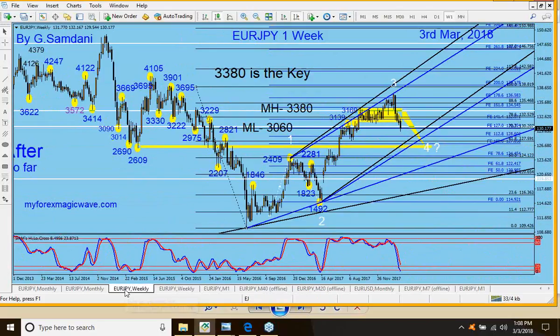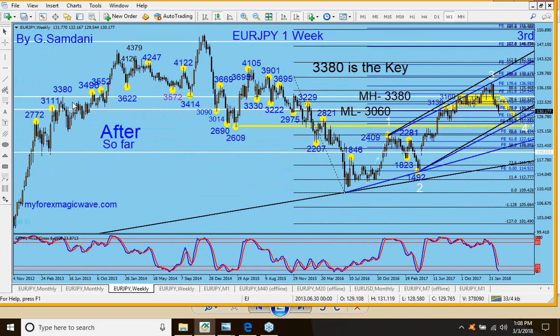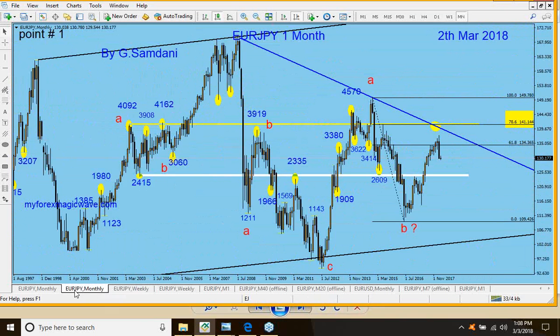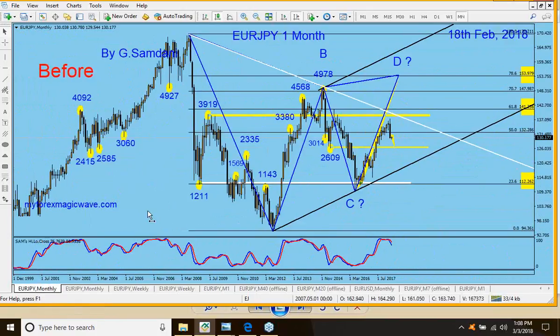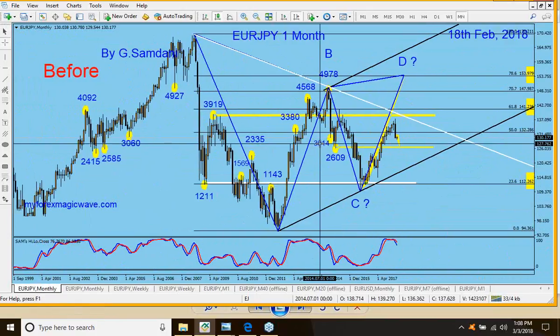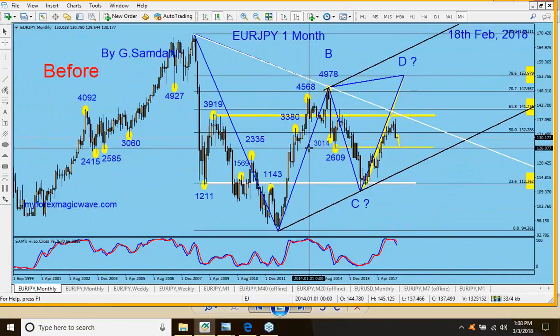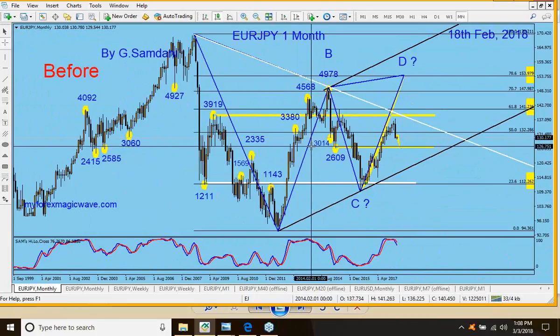Where did we get that number? 137.05. Do we have any number here on a weekly chart? No, maybe on a monthly chart. 137.05. Even I don't know where we got that number. Maybe one of these lows here, which I don't have marked.